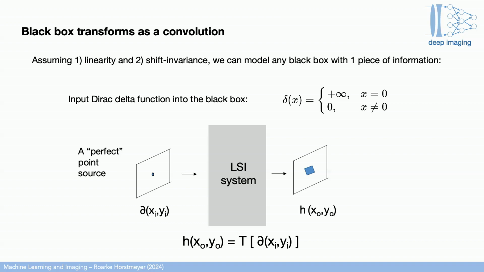And so physically, this is literally you have some optical or radiation scenario and you want to understand it, so you assume these 3 assumptions hold. You make a little perfect point source of radiation.